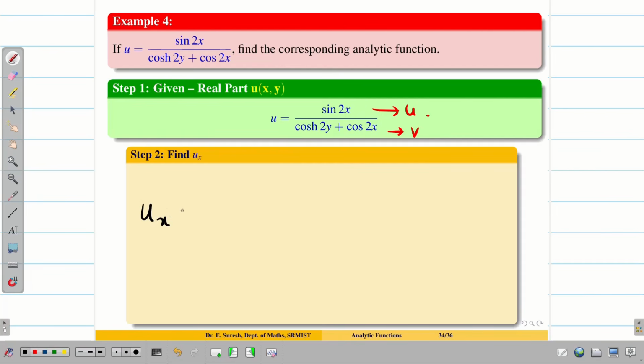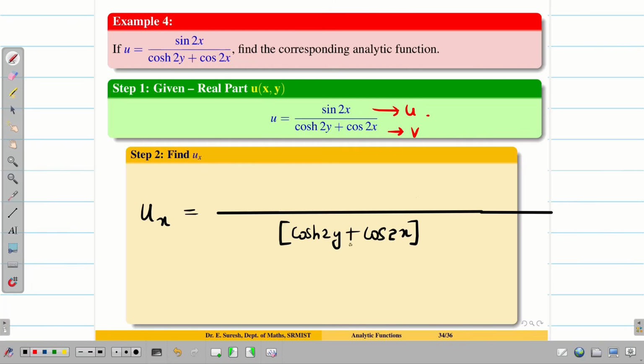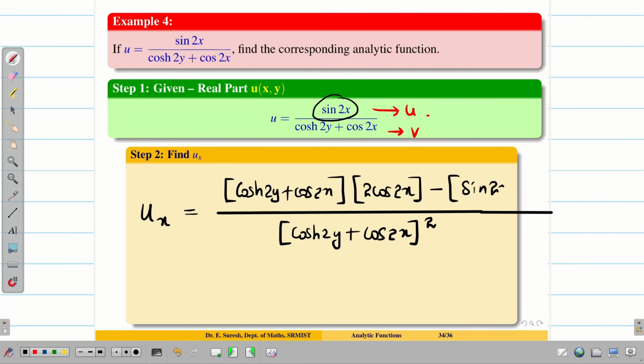Then differentiation of u partially with respect to x: denominator we get cosh 2y plus cos 2x whole square, that is v square. In the numerator, v du: let us keep cosh 2y plus cos 2x as it is, and differentiation of sin 2x partially with respect to x is 2 cos 2x, minus, if I keep sin 2x as it is, and differentiate cosh 2y plus cos 2x.